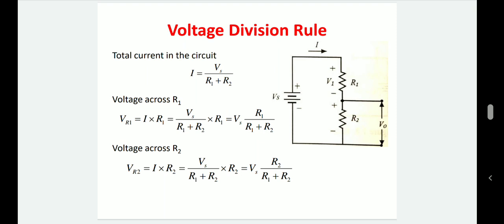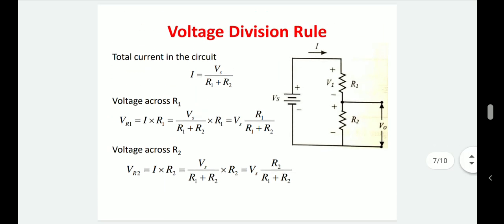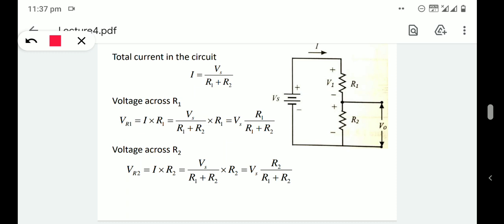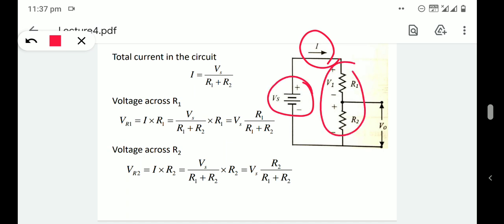So that equation we are going to derive here. First we follow the common procedure, finding the current flowing through the circuit. That current is equal to the applied voltage divided by the total resistance, so Vs divided by R1 plus R2 is the current.